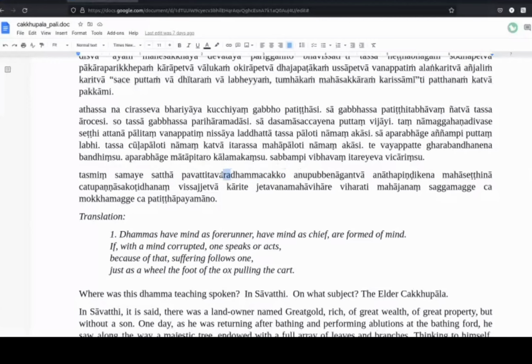Vara meaning exalted, I think in this case. One who has a Vara Dhammacakka. Maybe not has. One by whom the Vara Dhammacakka, the exalted wheel of Dhamma, was turned, because it's by him.